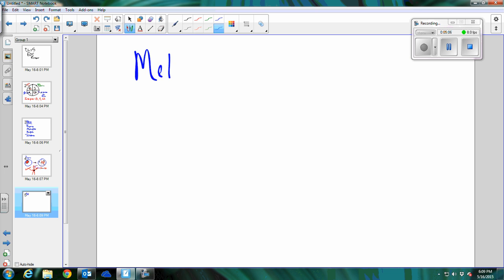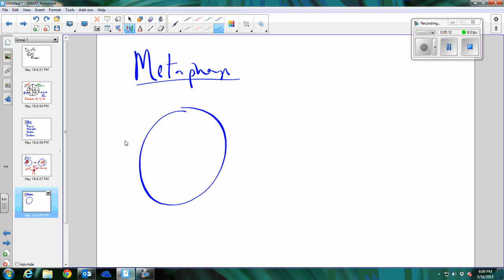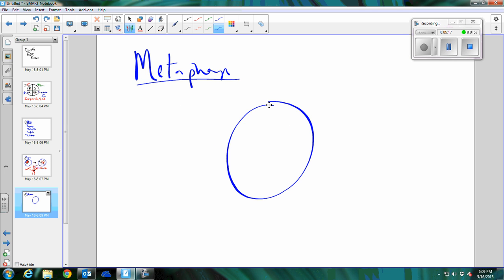So that during metaphase, that cell in prophase, the centrioles have gone to the poles of the cell, and the chromosomes have aligned themselves in the middle of the cell like this.